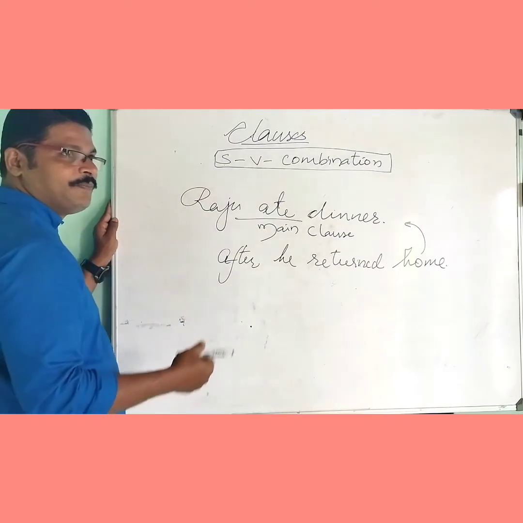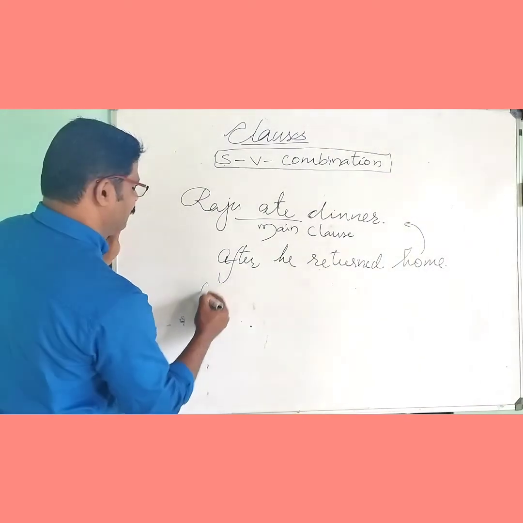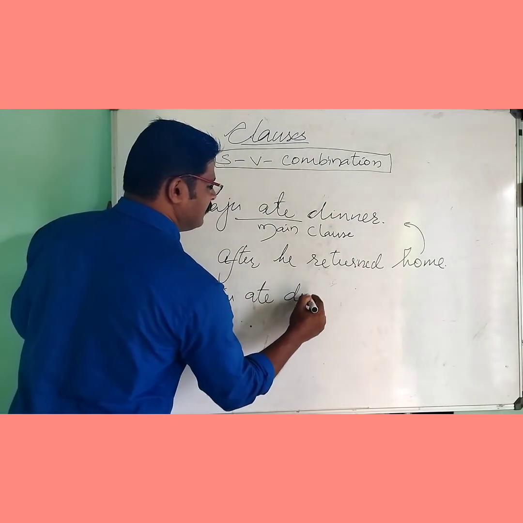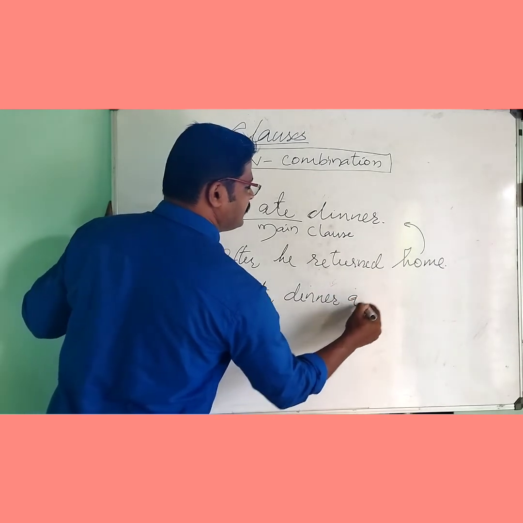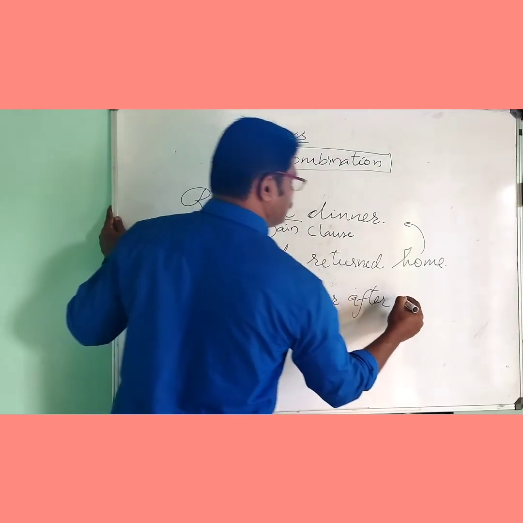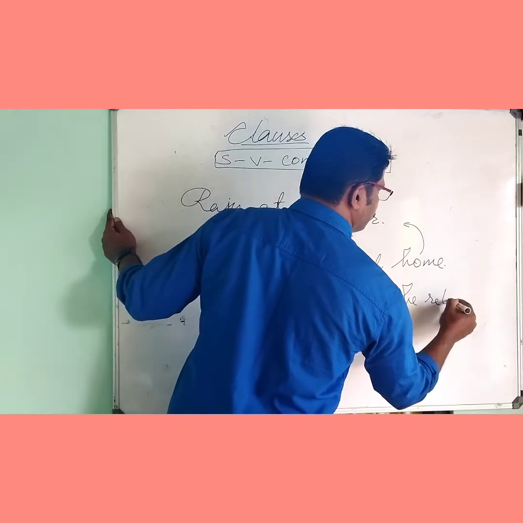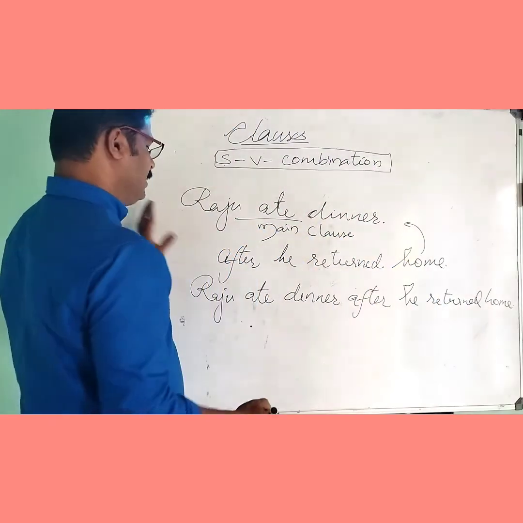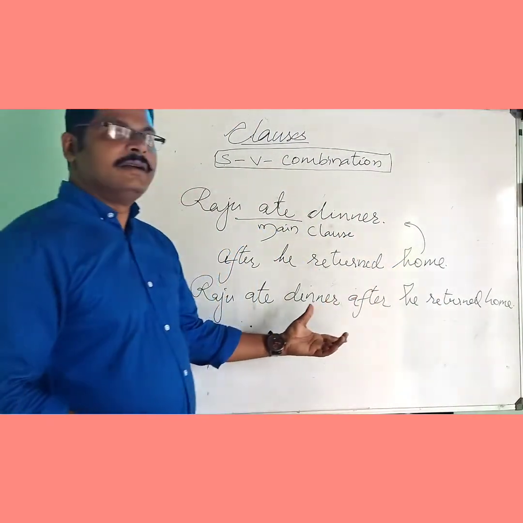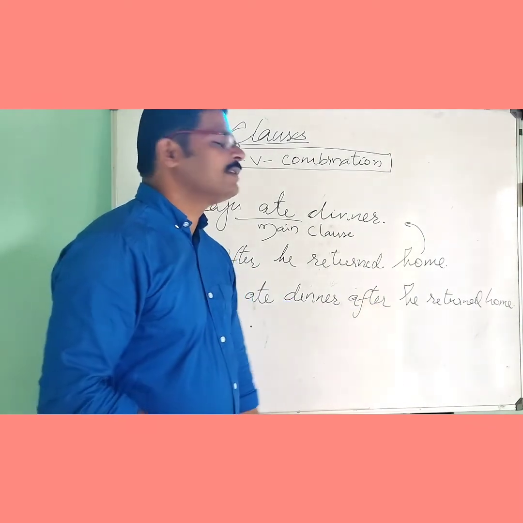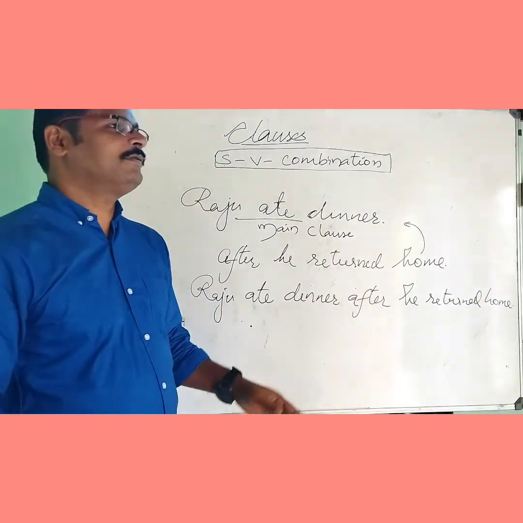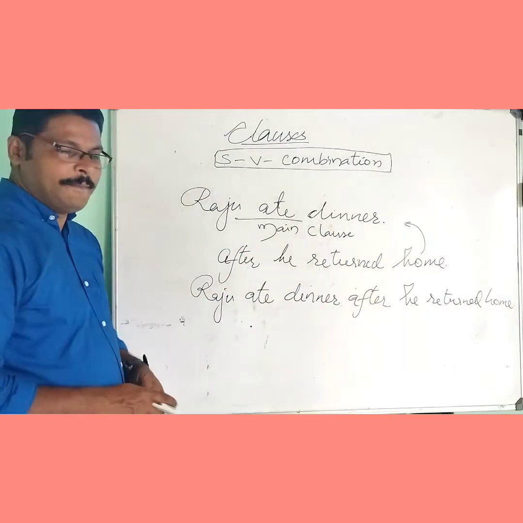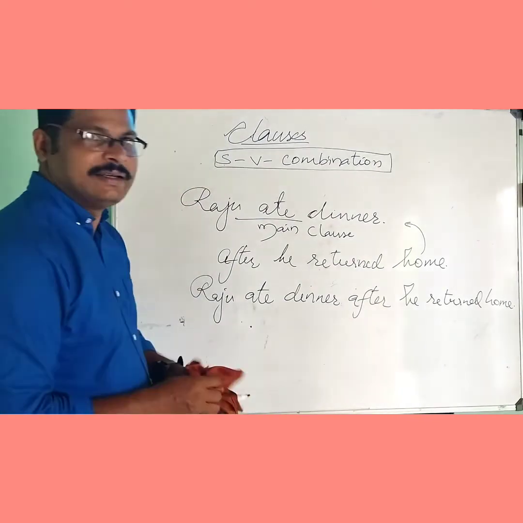The main clause also becomes a little more informative. Let's see. Raju ate dinner after he returned home. So here the main clause is Raju ate dinner, and the dependent clause or subordinate clause is after he returned home. So it's very clear, only after he returned home did he take his dinner. So this is called a main clause and a subordinate clause. Is it clear?